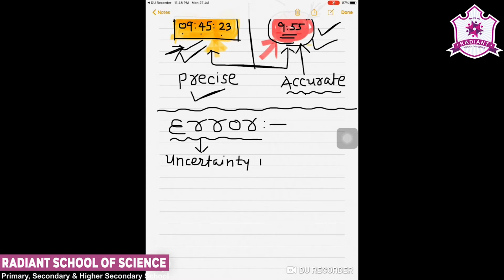So uncertainty in measurement is called error.